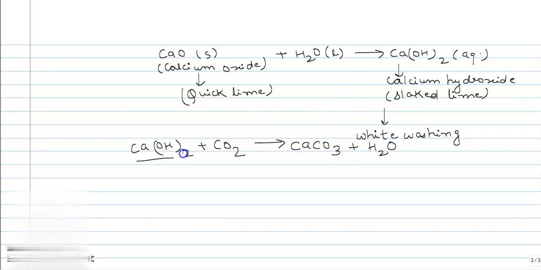Now for the physical states, this is aqueous, this is gas, this is solid, and this is liquid. So the reason for the shiny finish of the walls when whitewashing is done is calcium carbonate. The layer of CaCO3 gives a shiny finish.